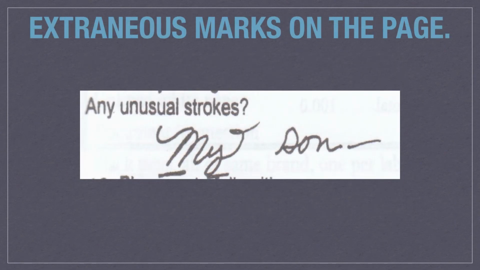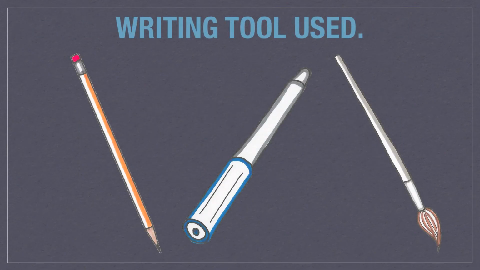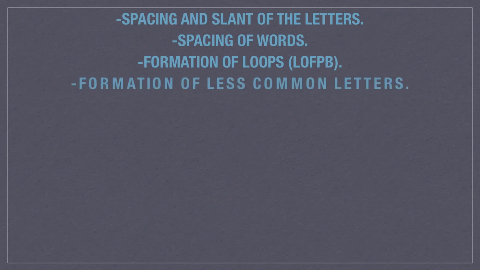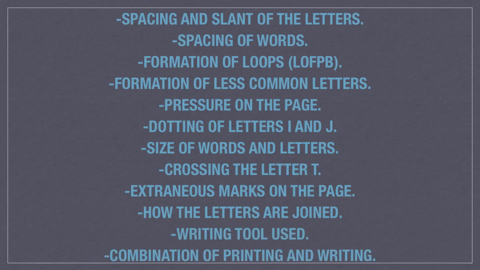Extraneous marks on the page, that just means are there dashes or loops that aren't necessarily needed. And finally, the writing tool used. So these 12 things are different characteristics that a forensic scientist might use when examining a piece of written work.